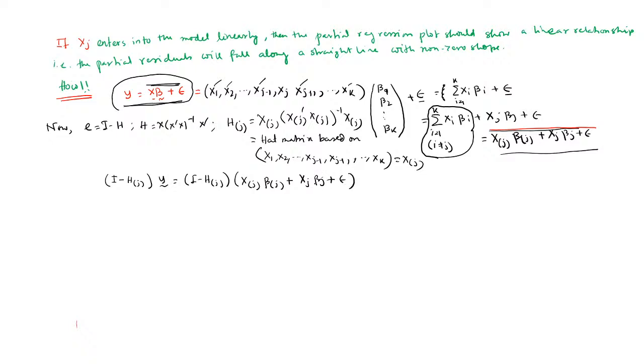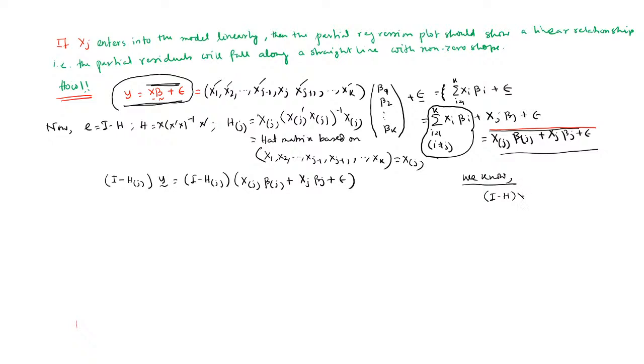Okay, now we know for the full model I minus H is a projection matrix on the error space.